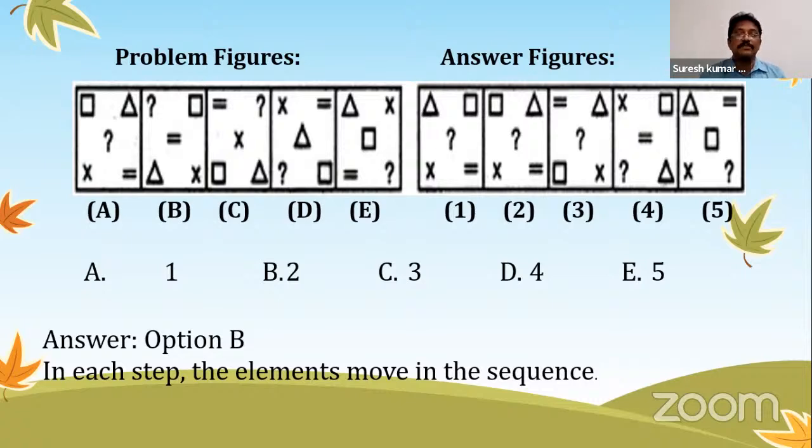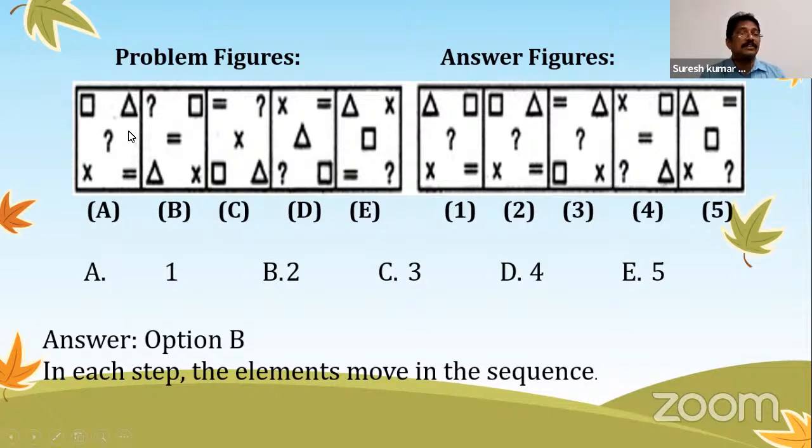Now see option B. We are observing which one? A triangle, or cross, as you wish. This cross symbol: one here, second position here, third position here, fourth position here, and fifth position here. Next, the sixth position, it should come again in the same position.